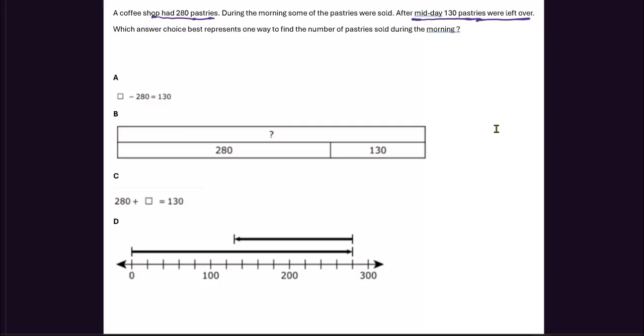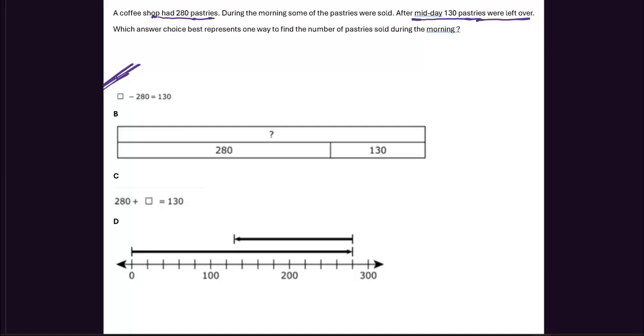Okay, so let's look at A. A is a subtraction problem. It is blank minus 280 equals 130. Now, in subtraction, the total goes in the front. So if you look at A, 280 is not in the front, so it is out.